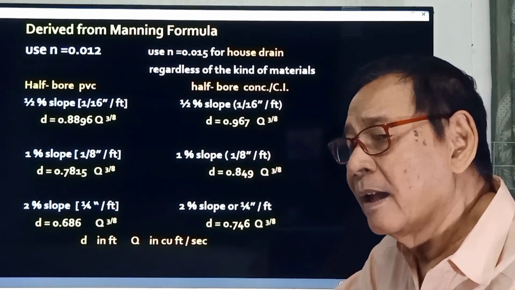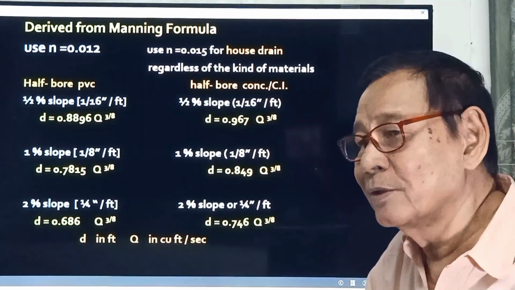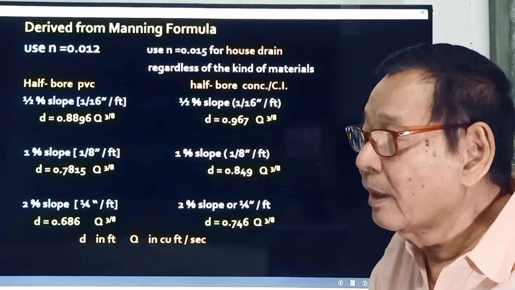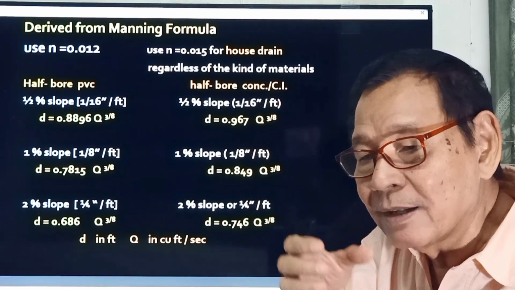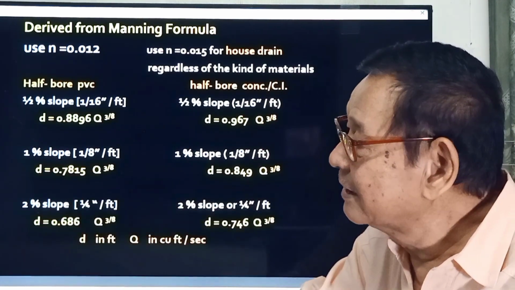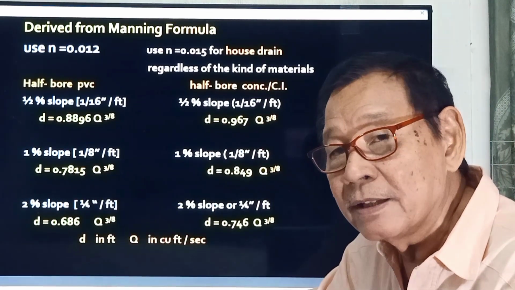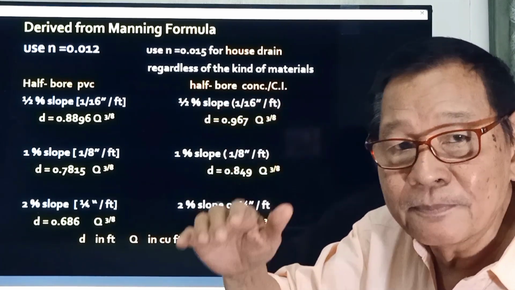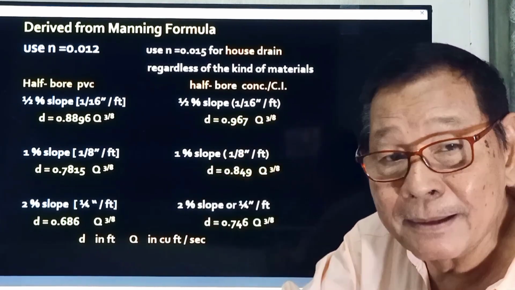For a 1% slope, the slope here is dependent on the designer, because sometimes if you say 2% slope and you have a distance for discharging from the sewer stack to the point where you discharge your fixtures, appliances, say maybe 50 meters, 2% of 50 meters is equal to 1 meter drop.